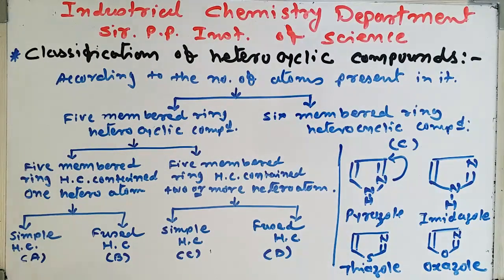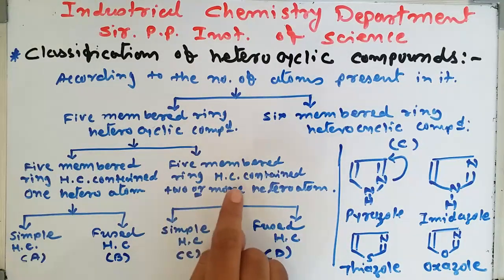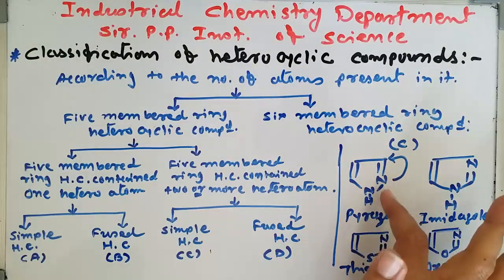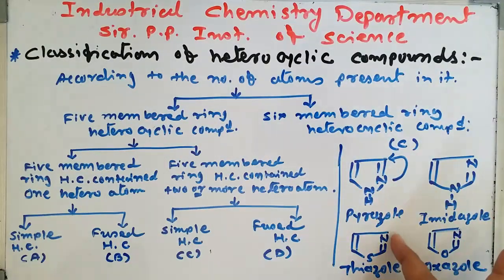These all are simple 5-member ring heterocyclic compounds containing two heteroatoms. Here both nitrogen. Here nitrogen and sulfur. Nitrogen and oxygen.